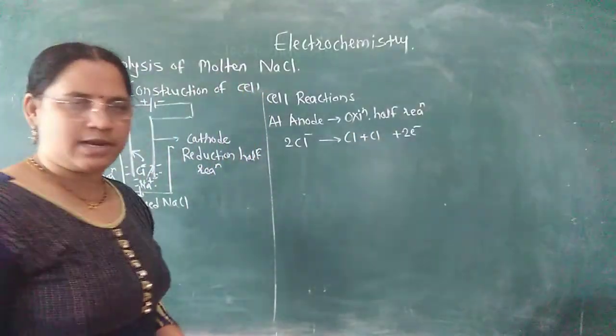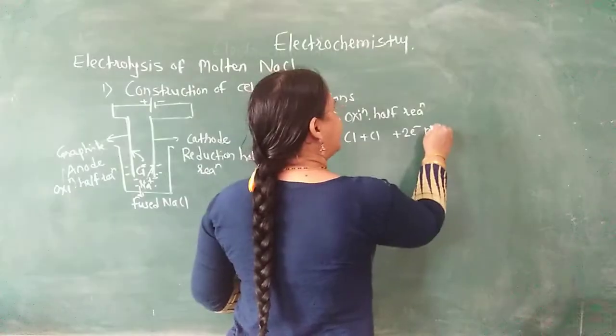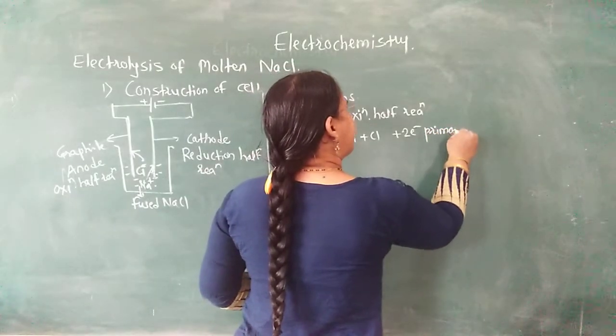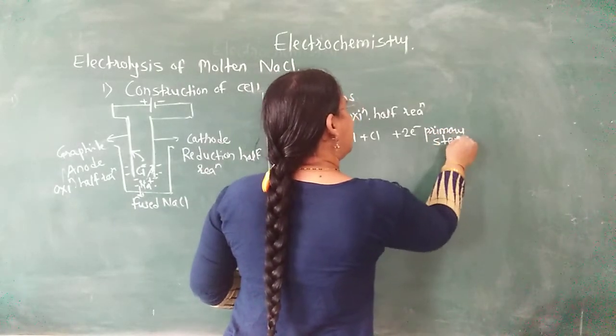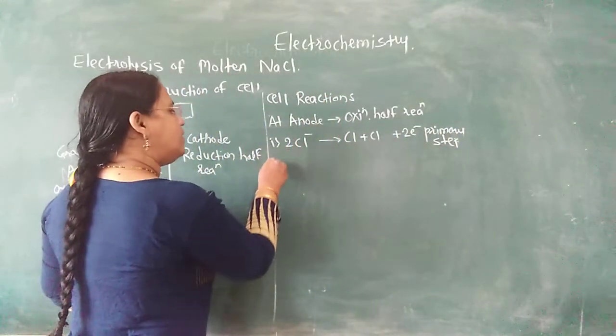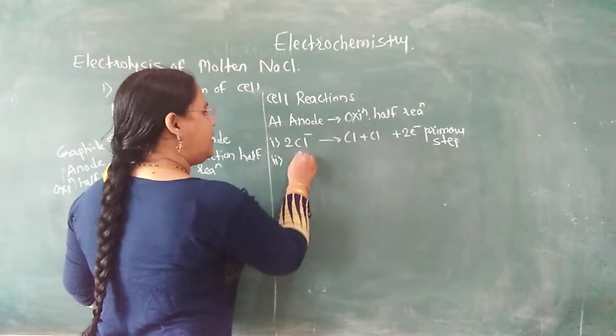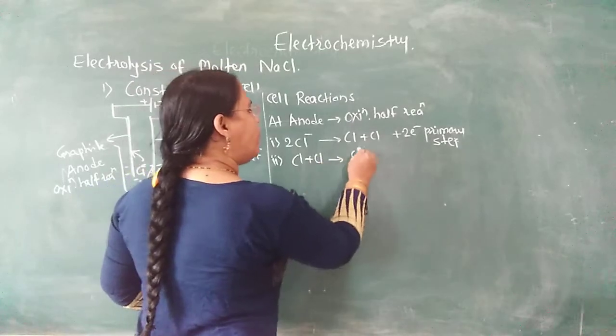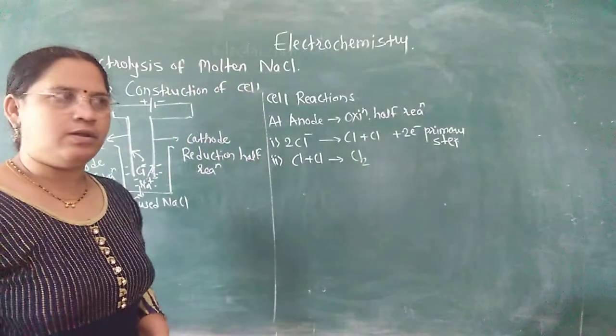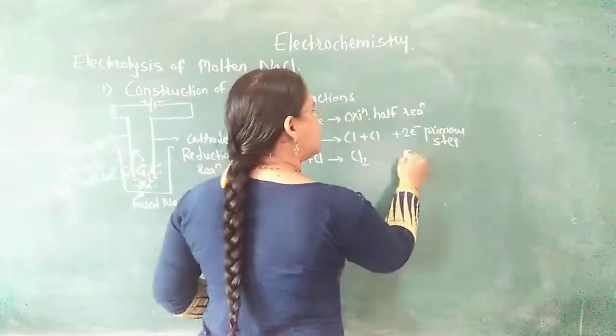This is the primary state, in which we get Cl plus Cl. In the secondary state, this Cl and Cl combine to form a Cl2 molecule.